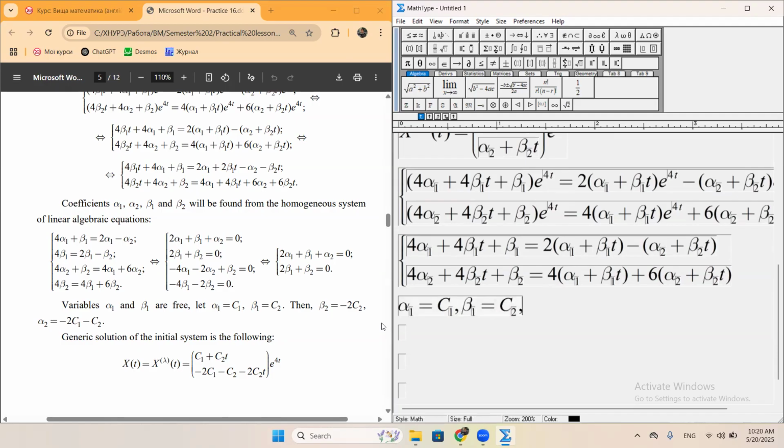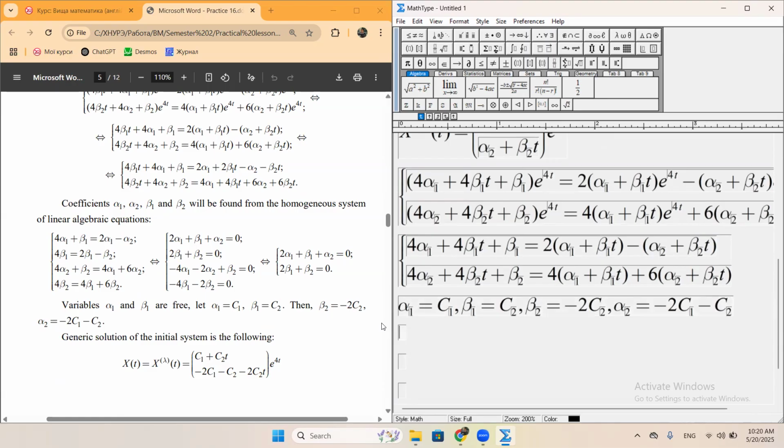Then beta 2 equals minus 2c2, and alpha 2 equals minus 2c1 minus c2.